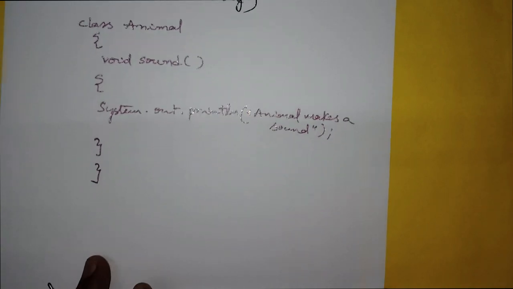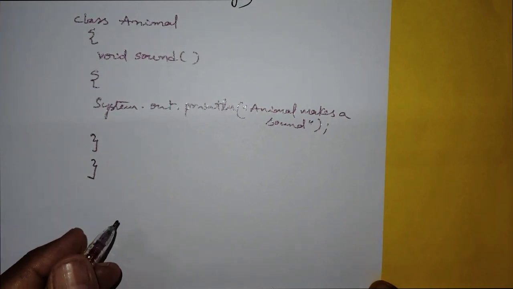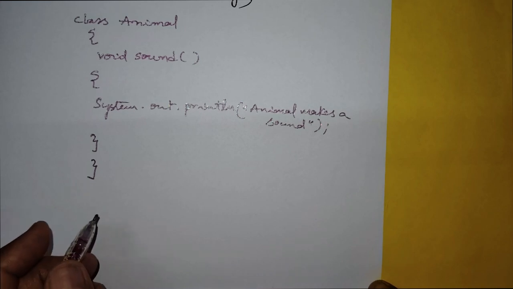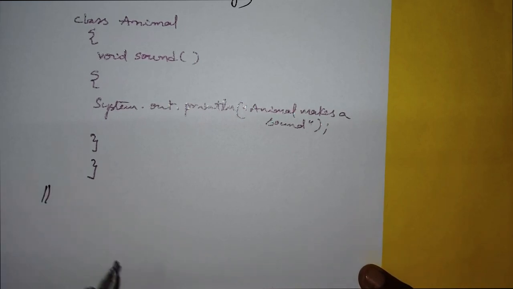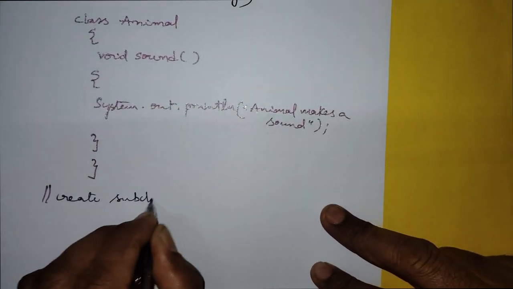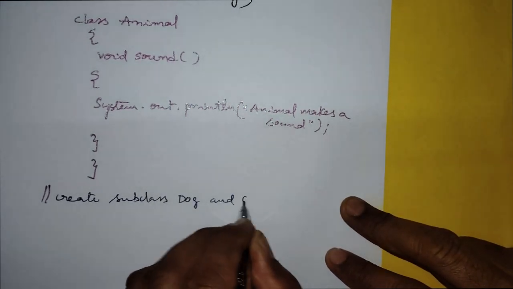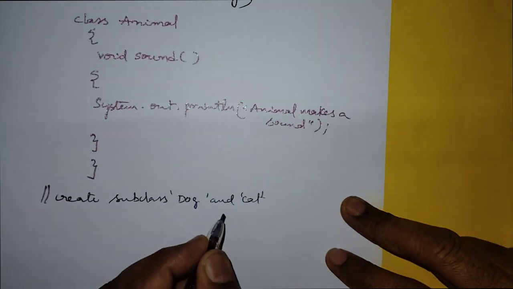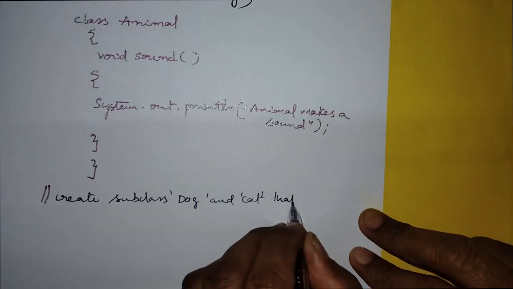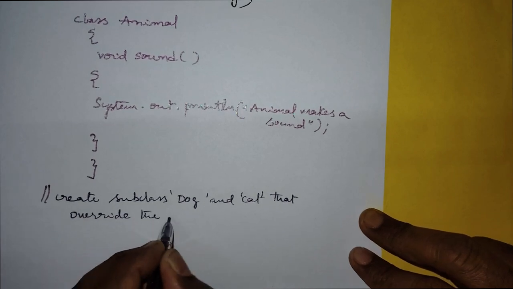The second part is we are going to create subclasses, Dog and Cat, that override the sound method.